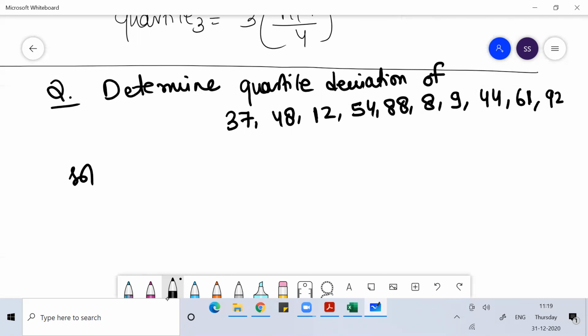Now, if you are trying to solve this question, the first thing you will do is arrange the data in ascending order.